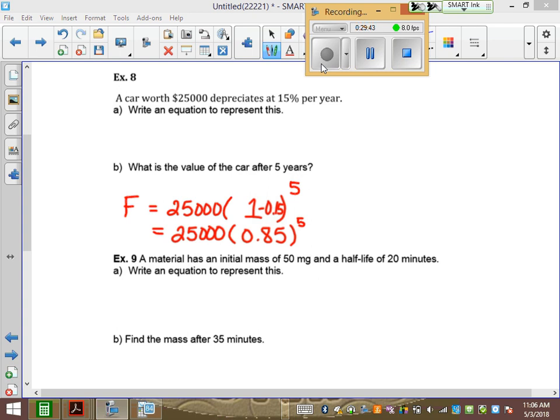What is another decimal for half? 0.5, right? So if it's depreciating by a half, that's what it would be. It would be half of what it was before. This one now is 0.85 of what it was before. But that doesn't mean it's depreciating by 85%. So I'll give someone an equation like this and say, what's it depreciating by? And you guys will say 85%. It's not depreciating by 85%. 85% of it's left.